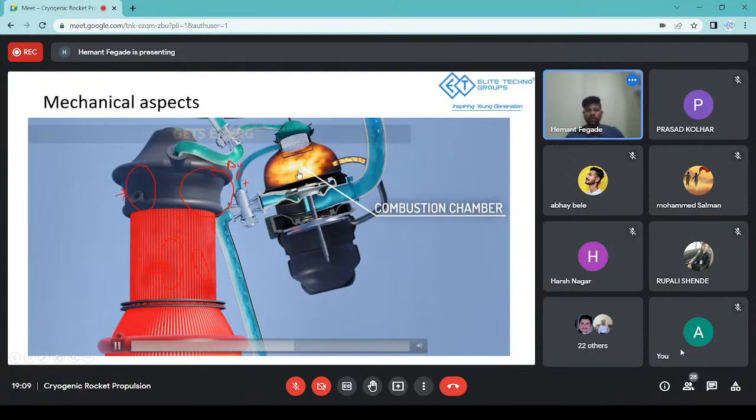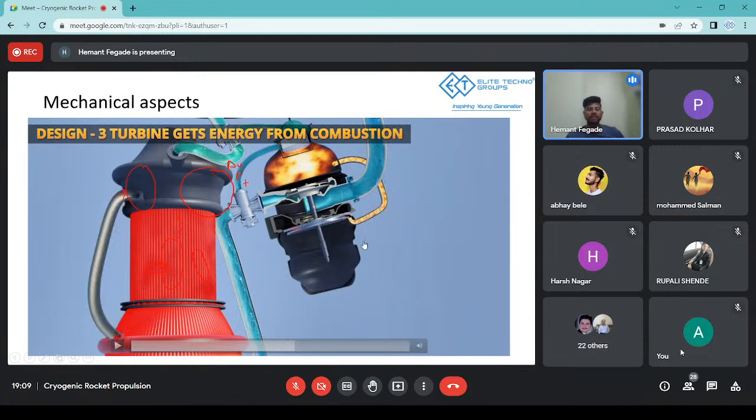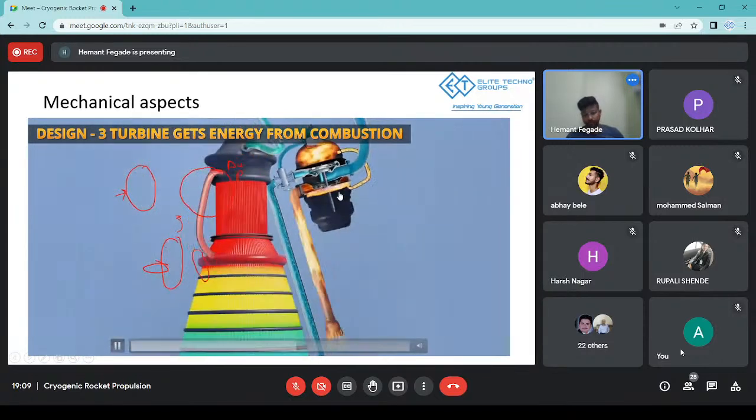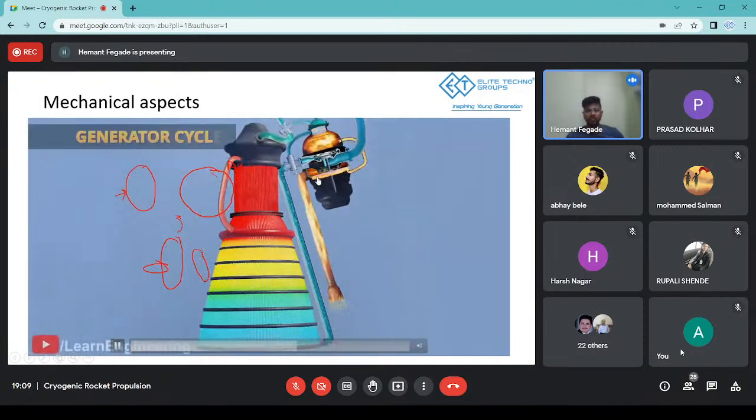Even so, it's not completely burned because it is in liquefied form and you're sprinkling it. It will partially burn, release some of the energy, and this exhaust is then used to control this auxiliary system.